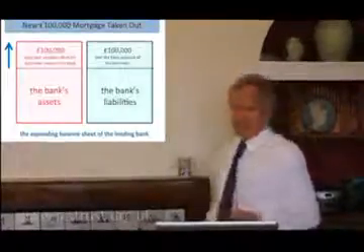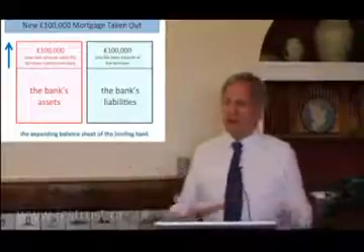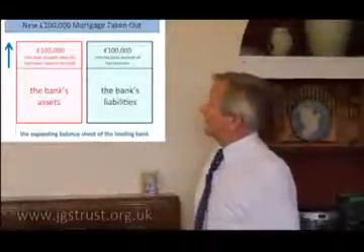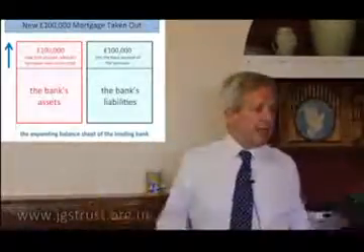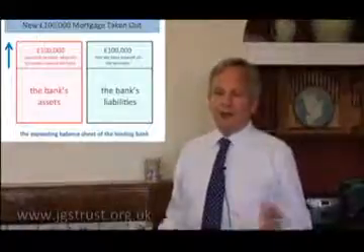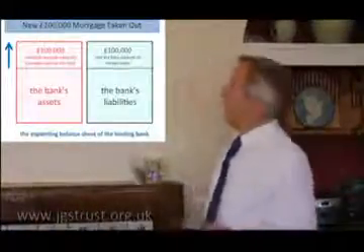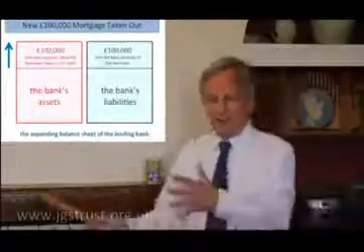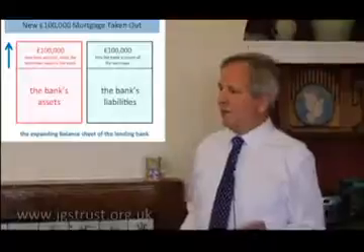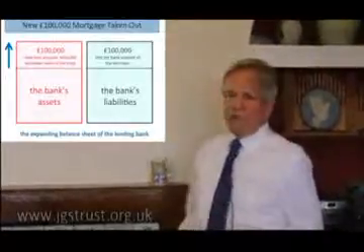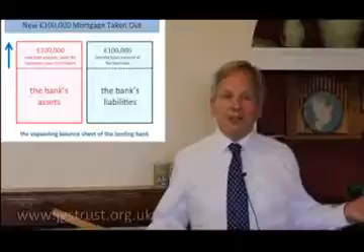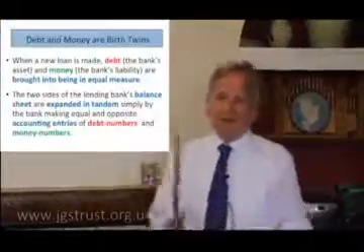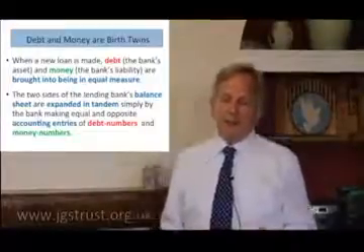So what's happened here is somebody in the bank has approved a loan and has just typed in £100,000 onto the asset side of the bank's balance sheet, however that's represented in the computers, and has typed in £100,000 into the current account of whoever's going to receive the money. No stuff has moved, two numbers have changed. That's it.